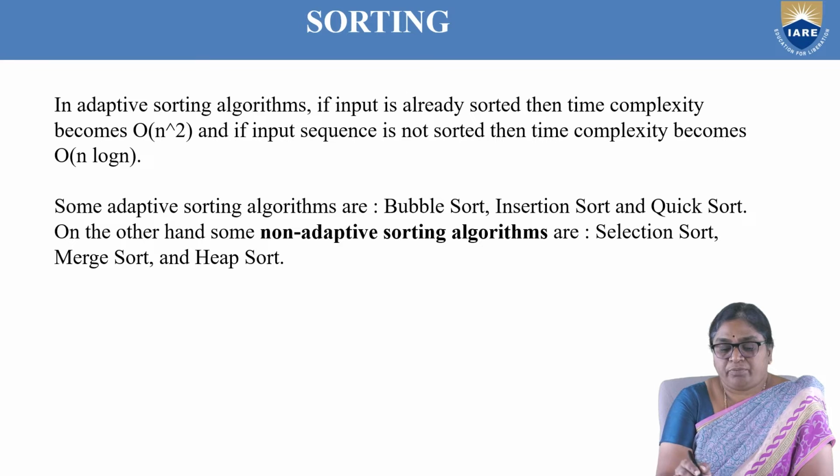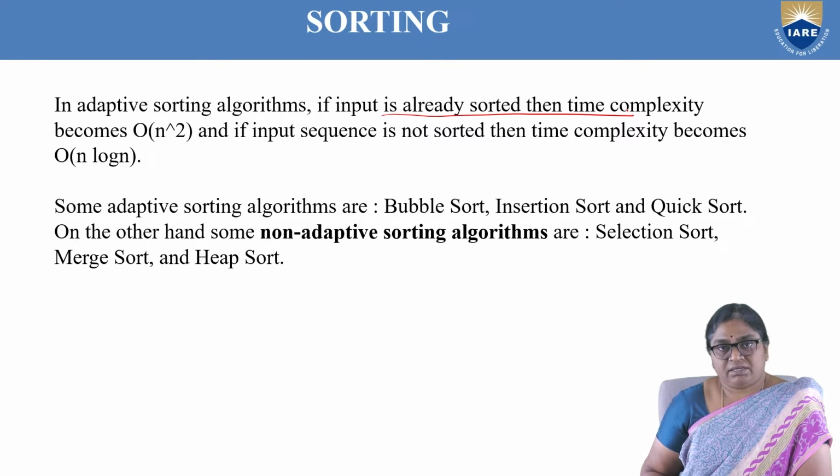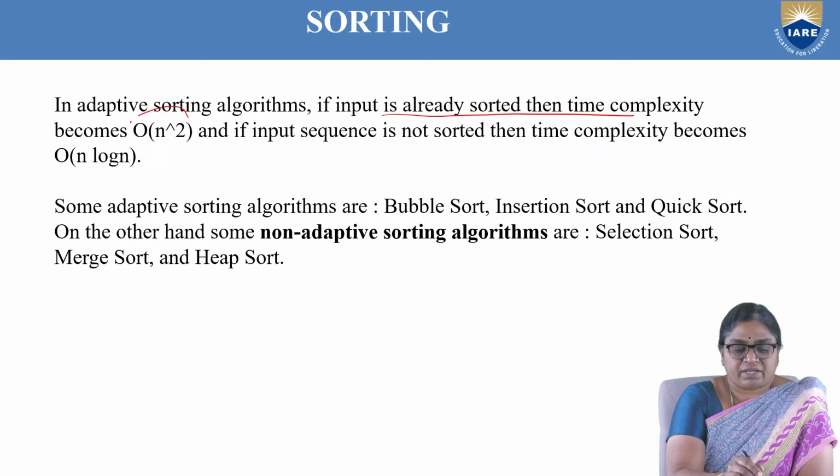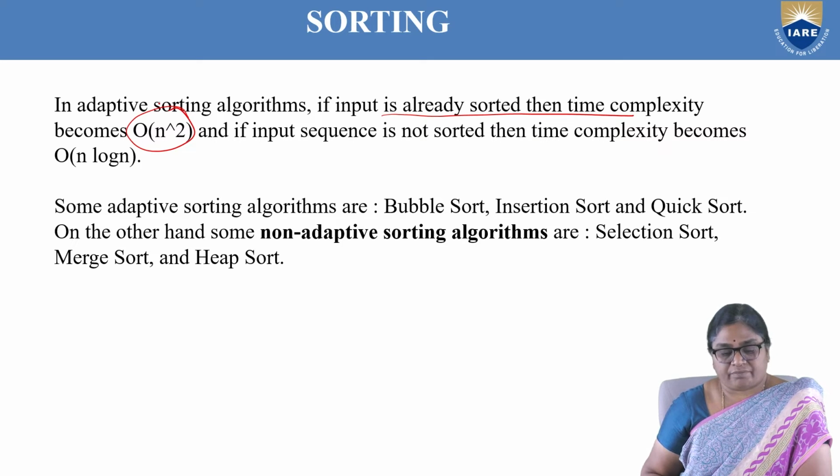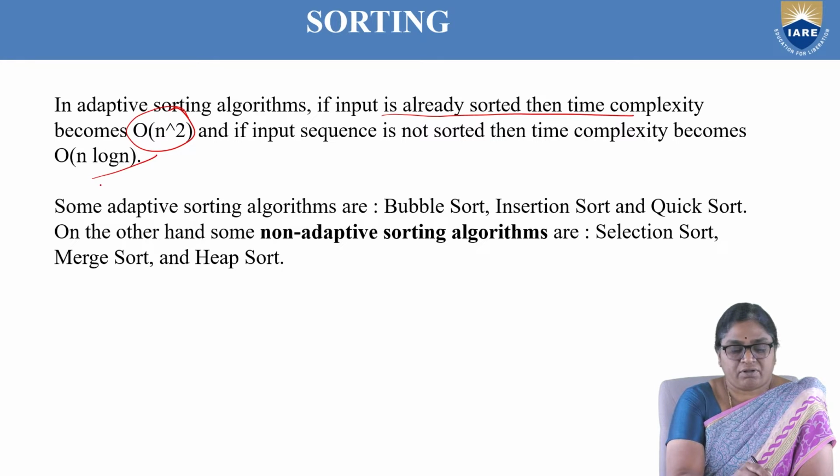If the input is already sorted, then the time complexity reaches order of n square in quicksort. If the input list is not in sorted order, then the time complexity becomes order of n log n.